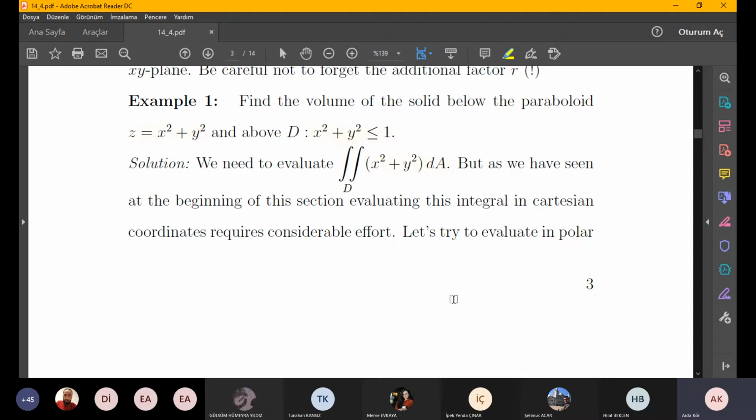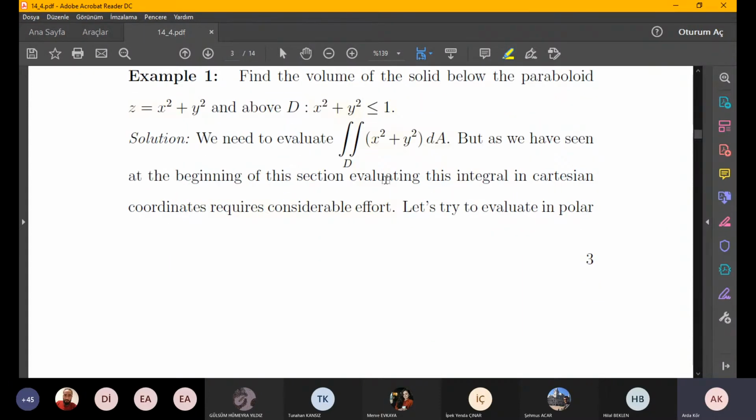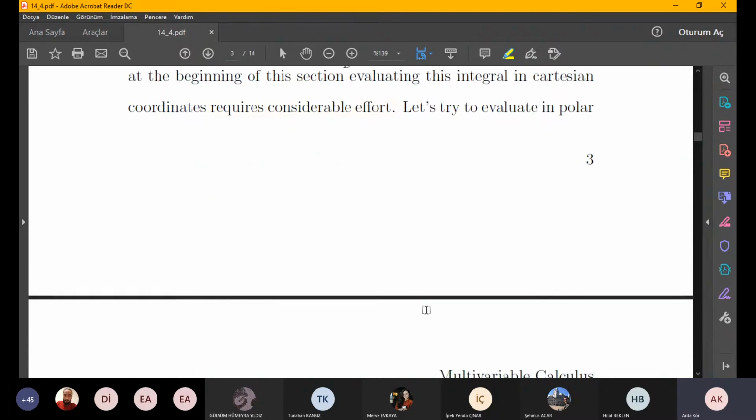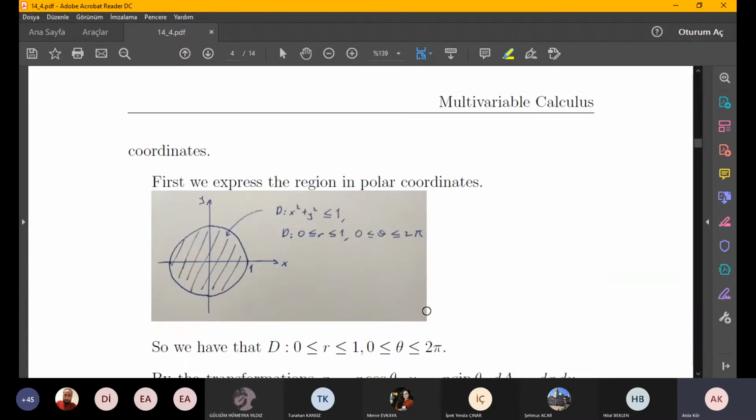But we said that it requires considerable effort. So now we will try to evaluate that integration in polar coordinates.